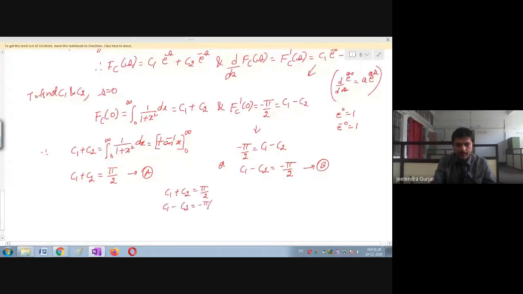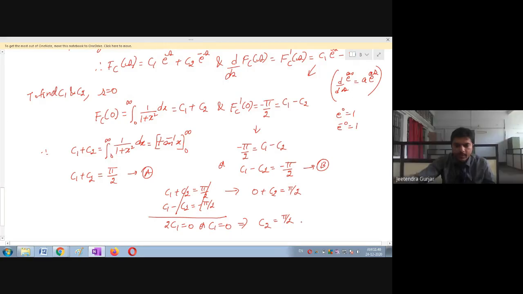Adding them, plus C2 and minus C2 will get cancelled, and plus pi by 2 and minus pi by 2 will get cancelled. Therefore 2C1 is equal to 0, or C1 is equal to 0. So can you tell me what will be C2? Substitute in this equation: 0 plus C2 is equal to pi by 2. So therefore C2 will be equal to pi by 2. Am I right? Yes, friends?